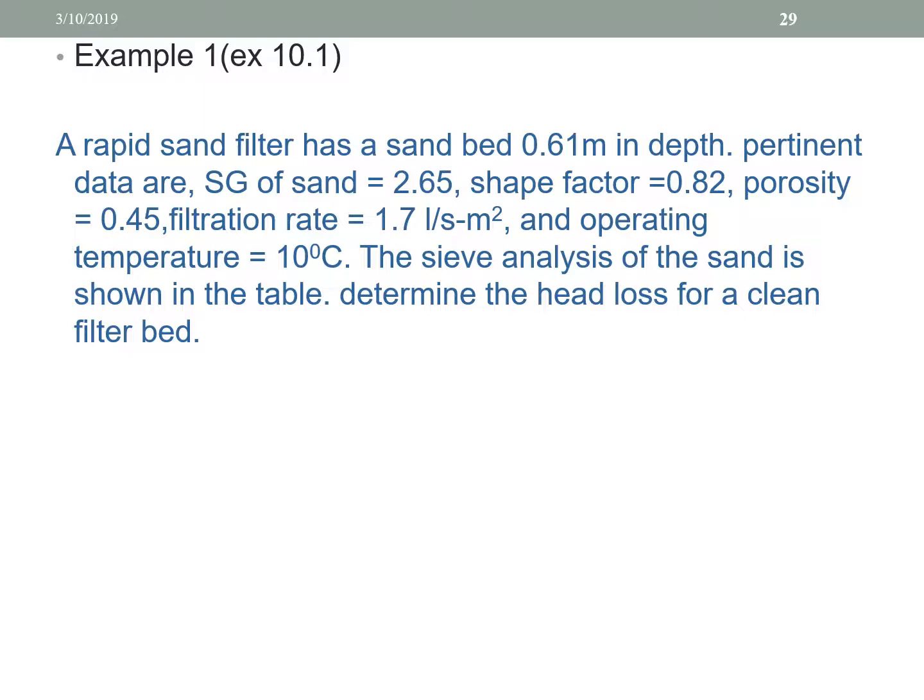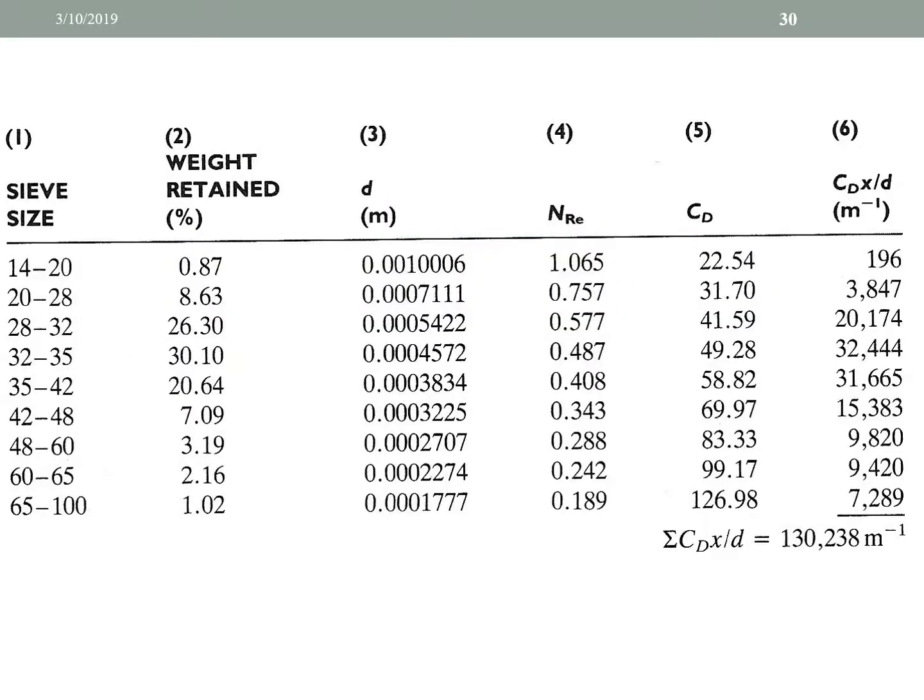The sieve analysis of the used sand is shown in the table. Determine the head loss for a clean filter bed. This is example 10.1. Try to open your book, example 10.1. I'm trying to show this one and then we will solve the problem.